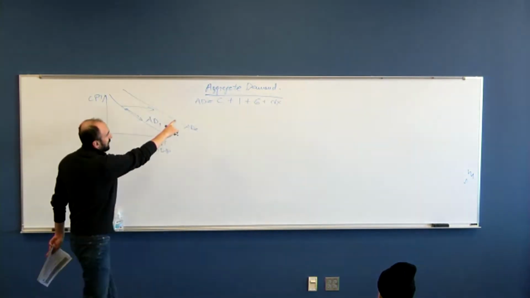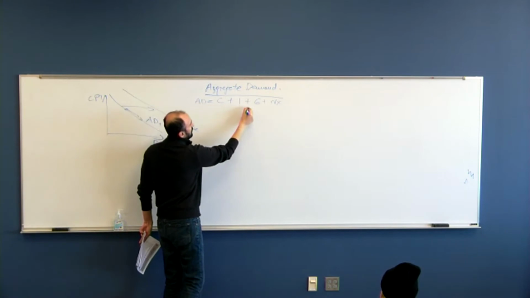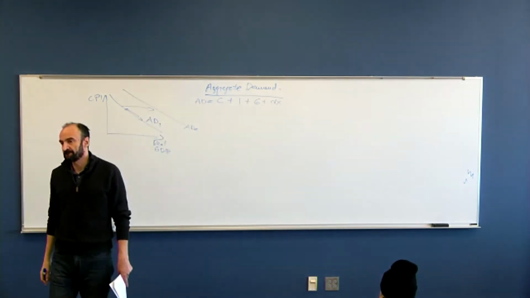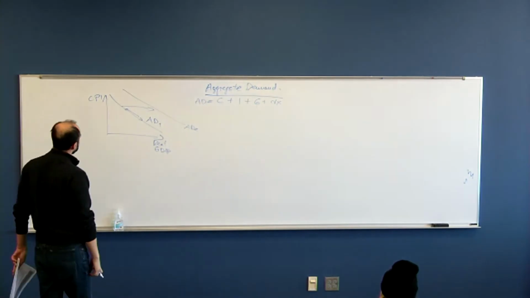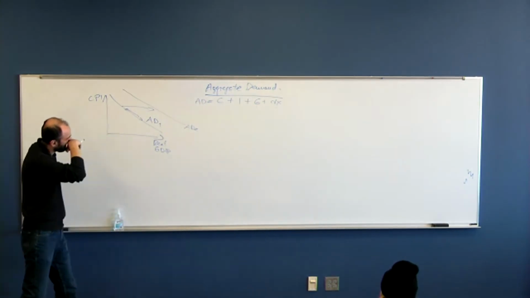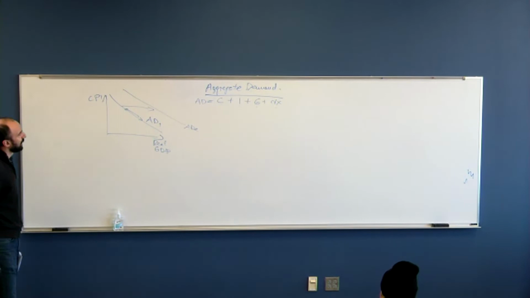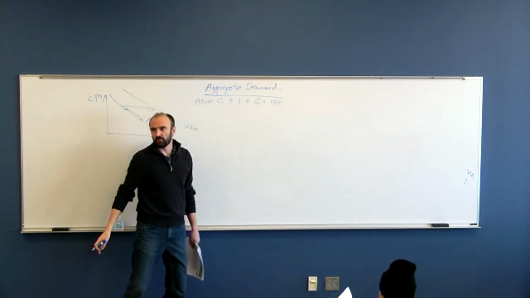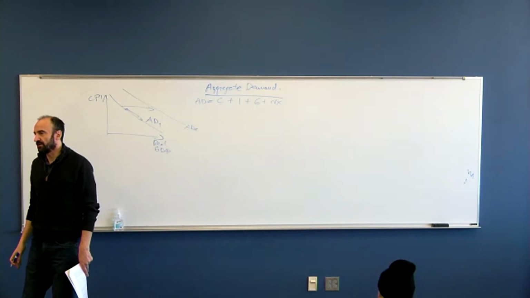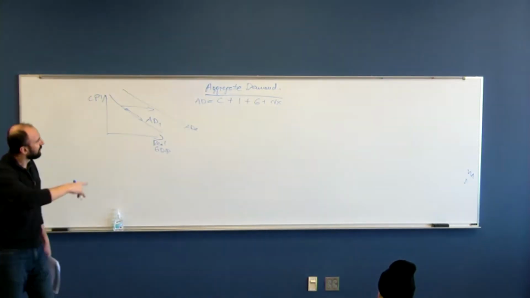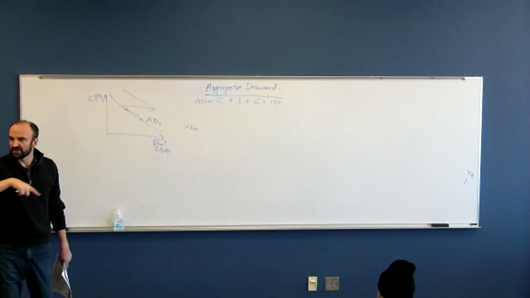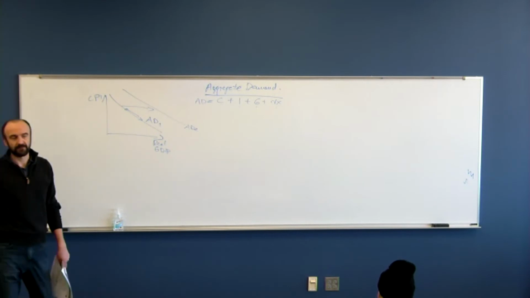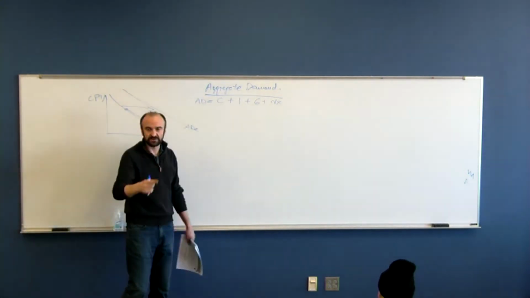So a change in any one of these individual components of total spending may increase aggregate demand. And we've seen that all of them are proportionately related to aggregate demand, which means if any one of those individual components increases, the aggregate demand itself will increase. So they move in the same direction.